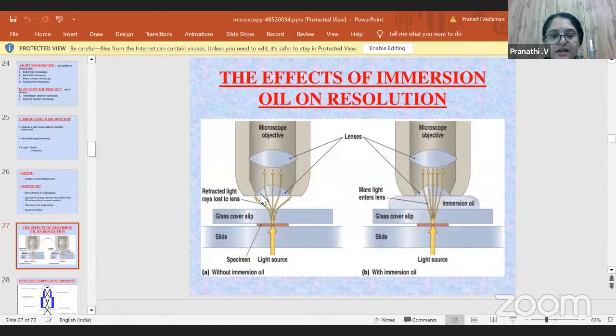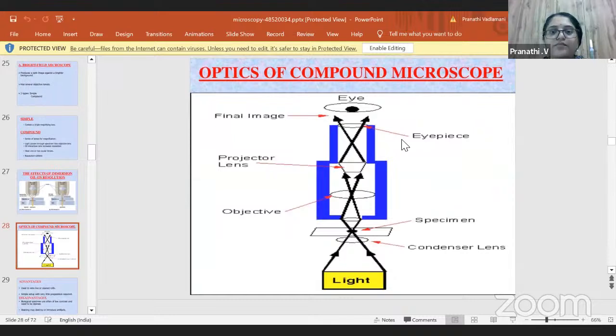The refracted light, the axial rays, are actually being lost. But with immersion oil, all the rays are concentrated on the objective lens. Because of which you're able to see the image and the resolution is going to increase. That is why you use oil for 100 times magnification.